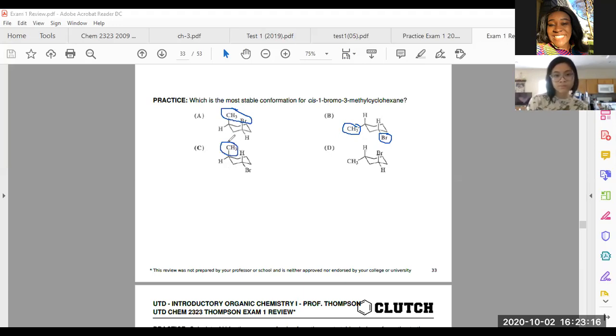We have this one on a wedge and this one on a dash. And then we also have that here again with this one on a wedge and this one on a dash.